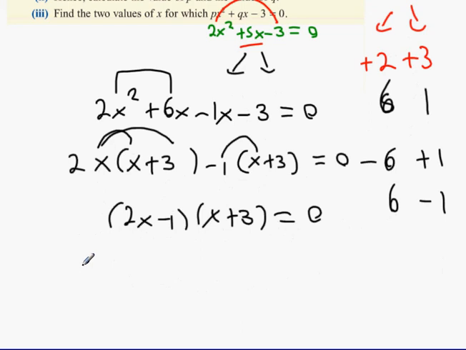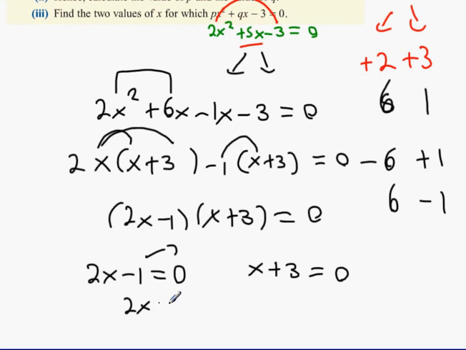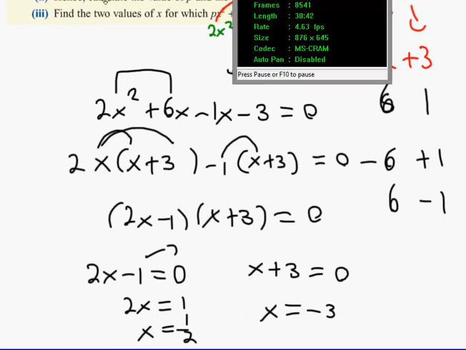You're multiplying it back out. You have to solve it. 2x equals 1, x equals a half, x equals minus 3. Okay.